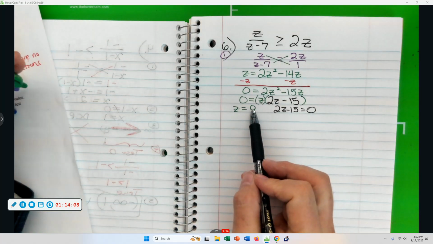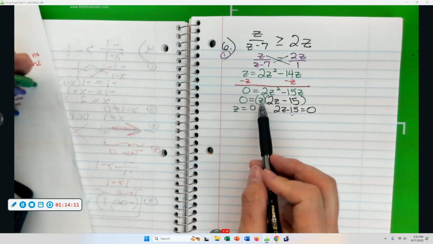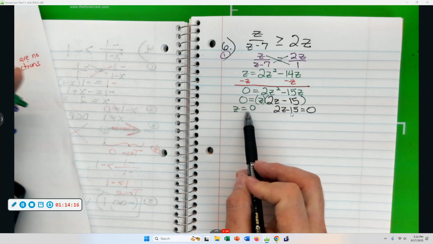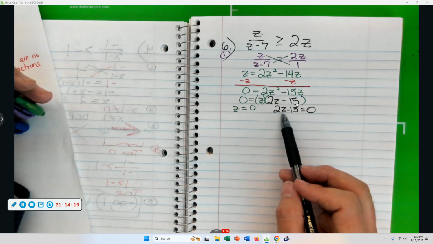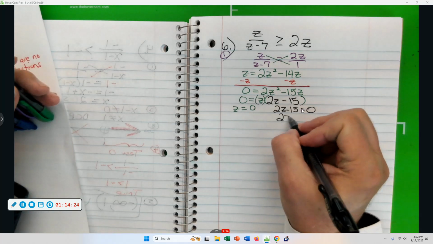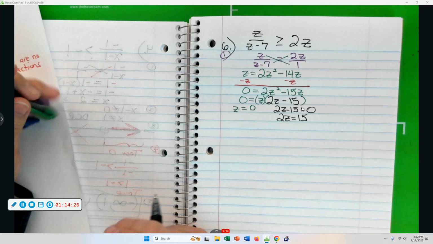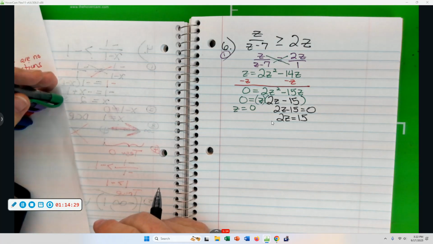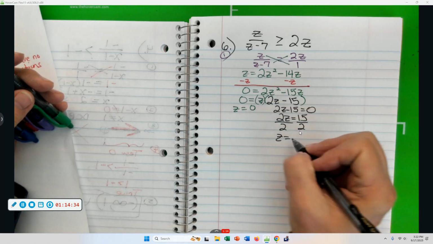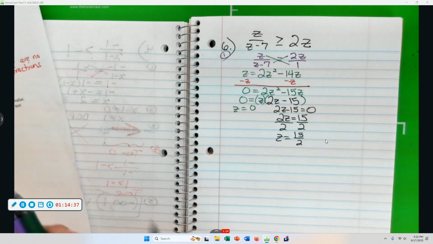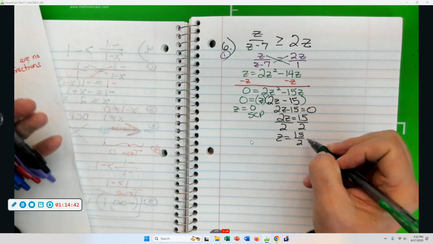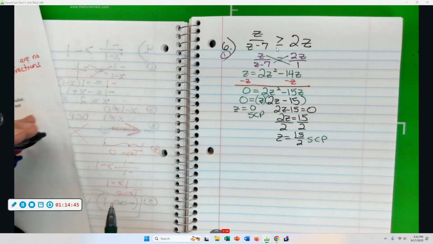To get z by itself, move the 15 to give 2z equals 15, then divide by 2 to give z equals 15 over 2. We have two solution cut points, 0 and 15 over 2.